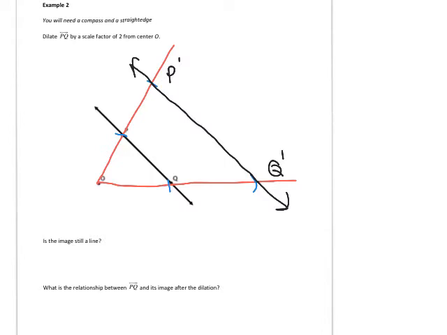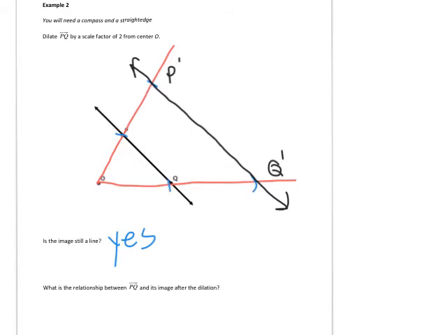So, is the image still a line? Yep, we didn't do anything to change that, so yes, it is still a line. And then the relationship of PQ and its image after the dilation. Well, again, they're going to be parallel, and the distance between P and Q is going to be half the distance of P prime Q prime.